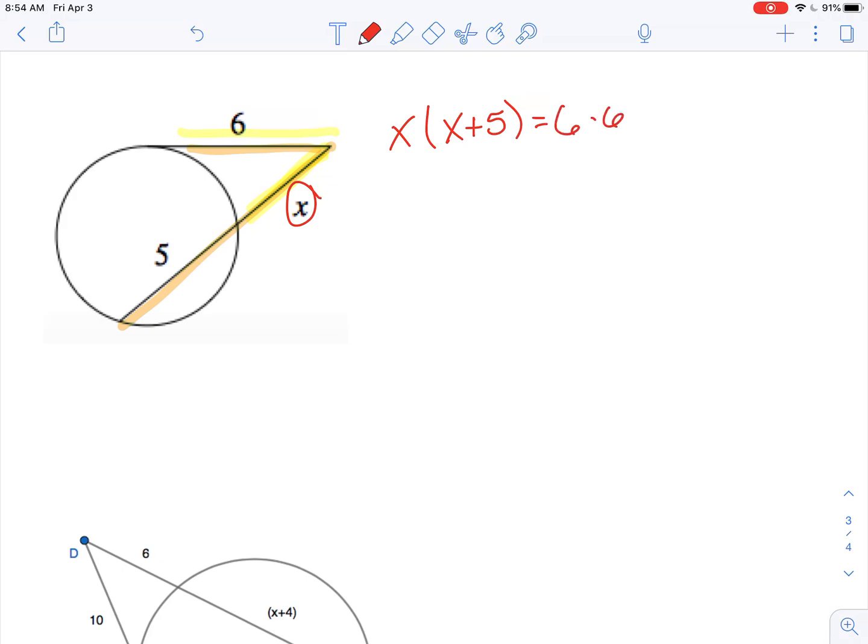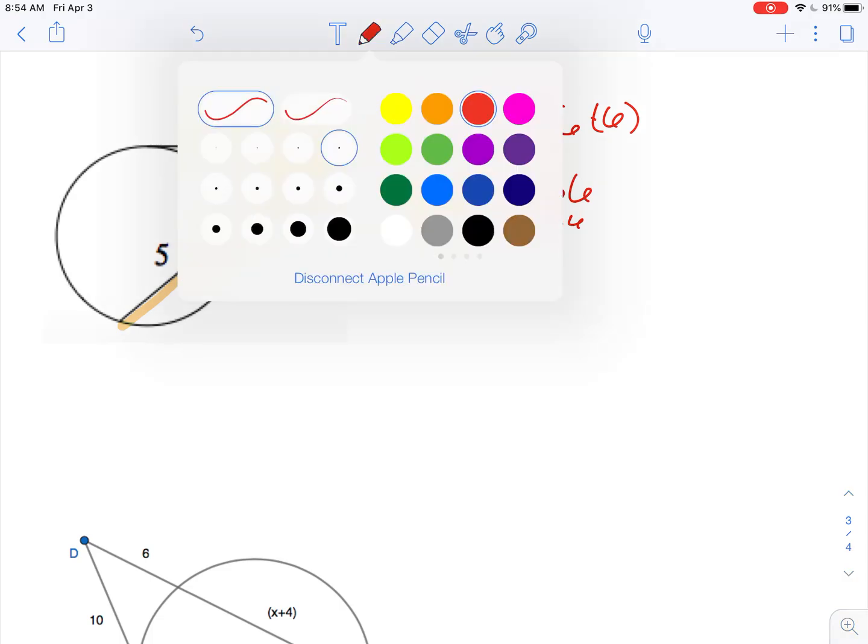And then I'll take the part outside the circle times the whole secant again. But in this case, the part outside the circle is 6, and the whole segment is also 6. So x squared plus 5x equals 36.